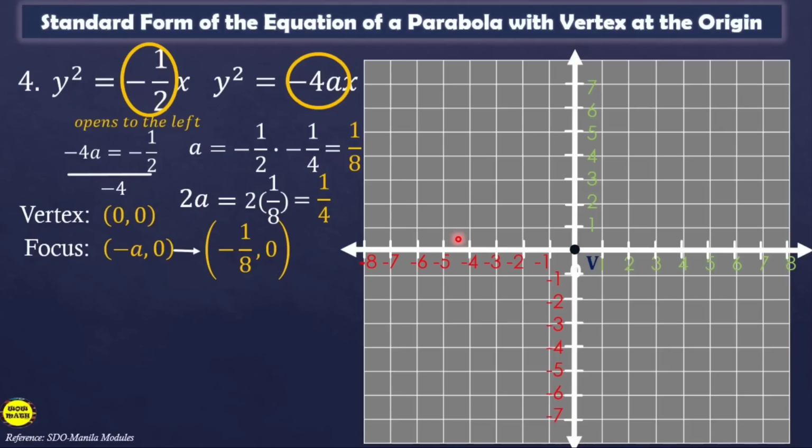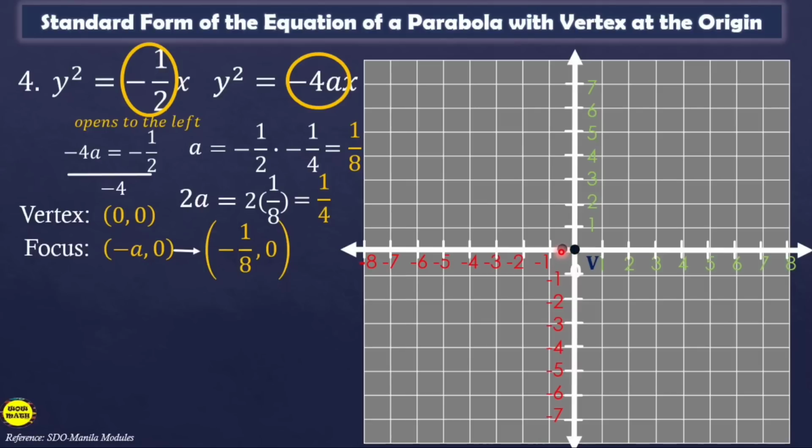Kung sa example number 3 natin, yung focus natin nasa right side ni vertex, this time, dapat nasa left side ni vertex. Kasi, ang parabola natin opens to the left. Okay? So, pag kinuha natin ito, that is negative 0.125. So, malapit lang siya sa 0. Okay? Masyado kasing maliit lang yung space natin. So, malapit siya sa 0.